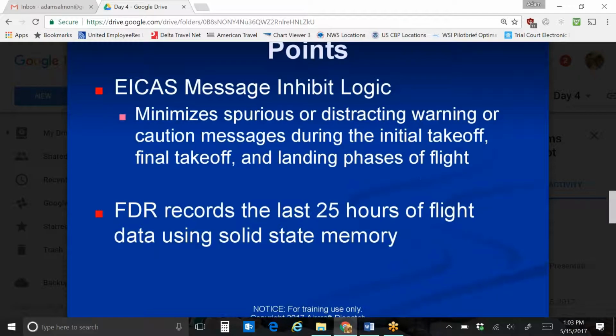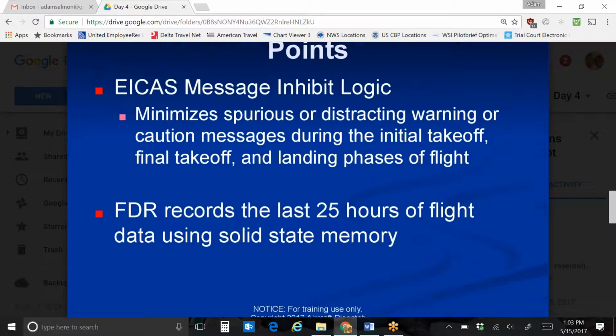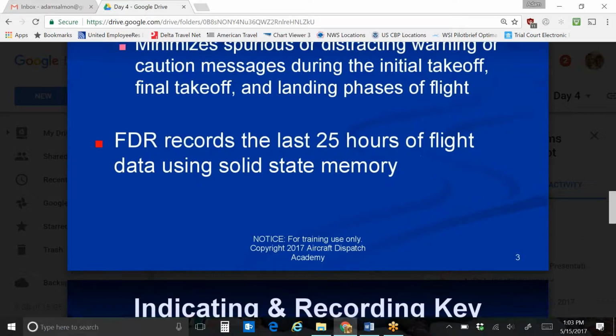The FDR, I do want you to be able to memorize what the FDR is. That is the flight data recorder, otherwise known as the black box. One of the black boxes, I should say. The other black box is the CVR, the cockpit voice recorder. The FDR records the last 25 hours of flight using solid state memory.